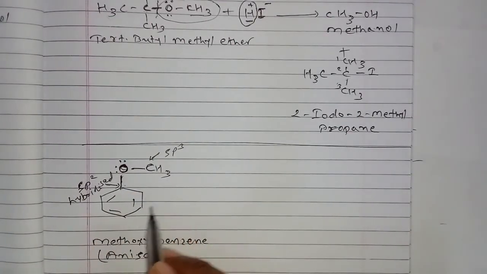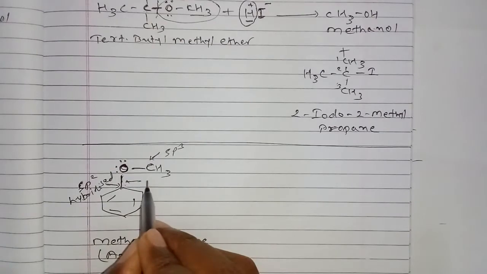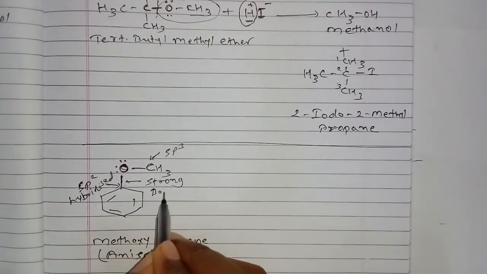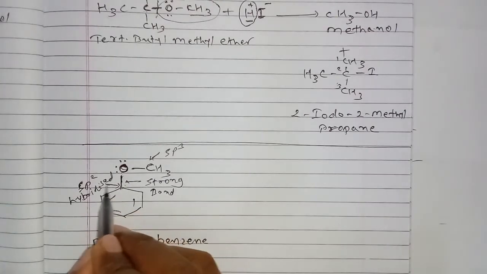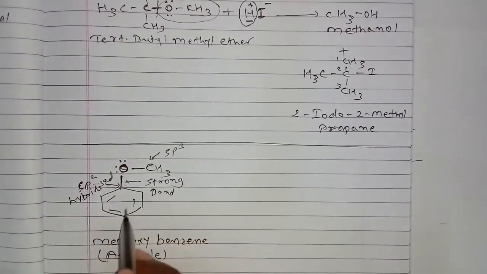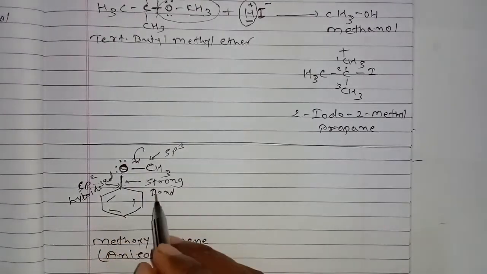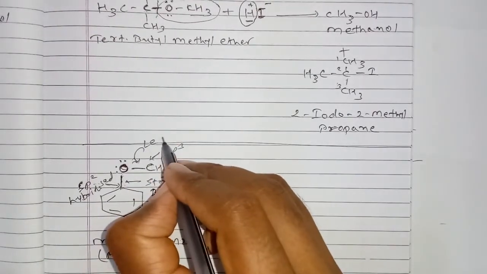So this makes a very strong bond between oxygen and the sp2 hybridized carbon atom, while this bond is less strong.